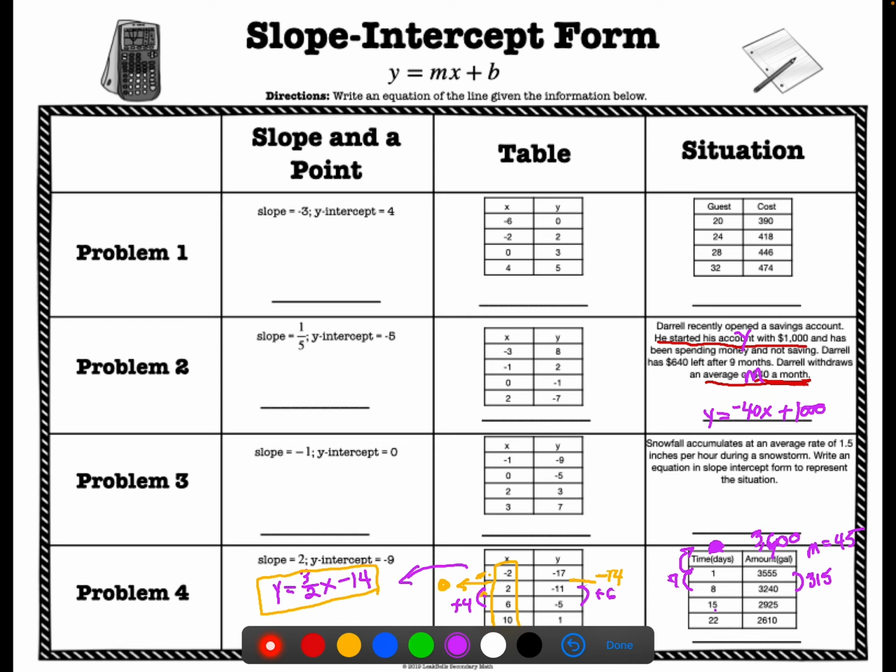That's our y-intercept. So the equation is y equals, remember there is a decrease here, right? So maybe I should have written here negative 315. So it'll be negative 45x plus 3,600. That's my equation. If you have any questions, save it for class and we'll talk about it.